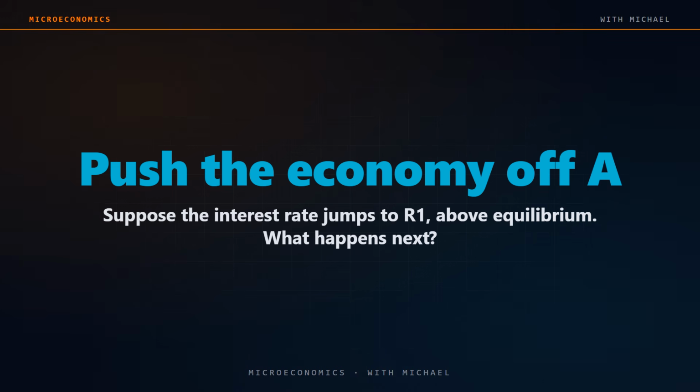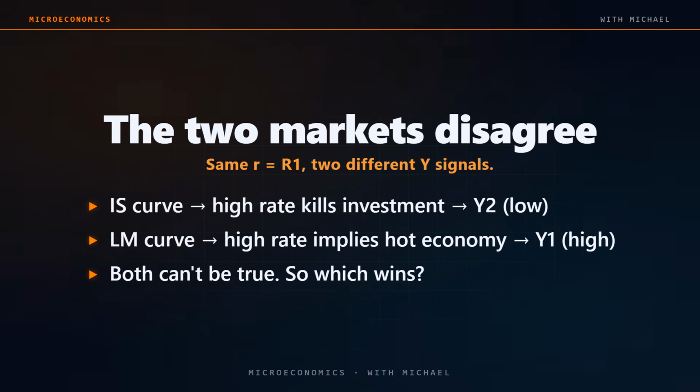Meanwhile, in the money market, the LM curve, a high interest rate R1 would normally only occur if the economy were running hot, with output at a higher level, Y1. Same interest rate, two completely different implied output levels. Strange, right? The economy cannot literally be at both Y1 and Y2 at the same time.